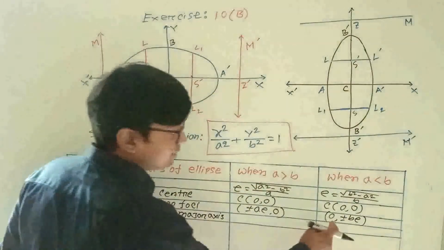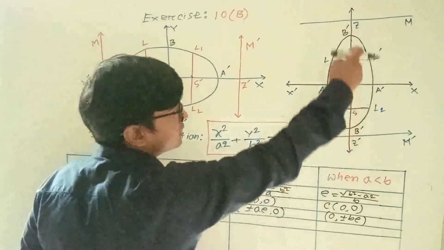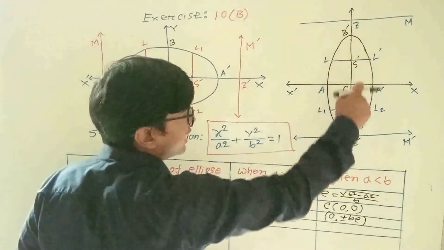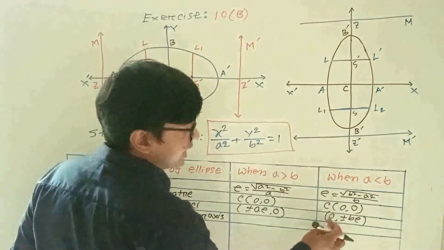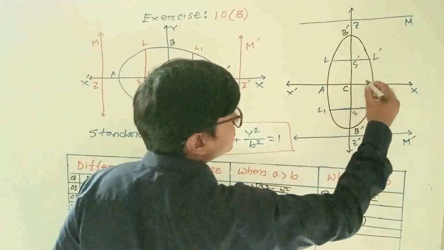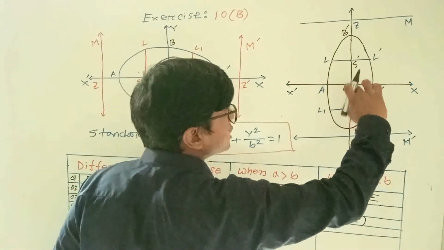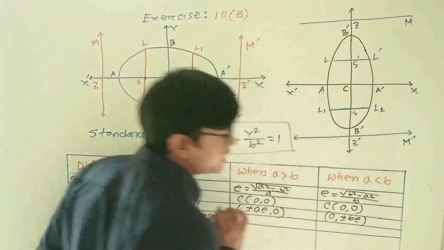Here the abscissa is 0 because these two foci S and S prime are on the y-axis. That's why the abscissa must be 0. This part is positive and this part is negative. That's why we can write plus minus BE.